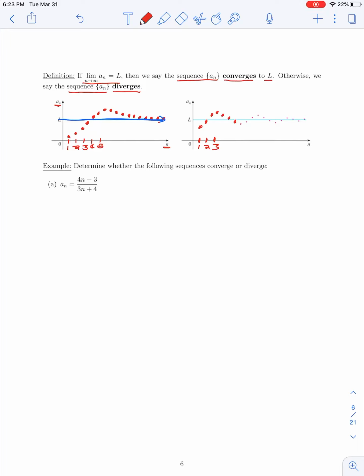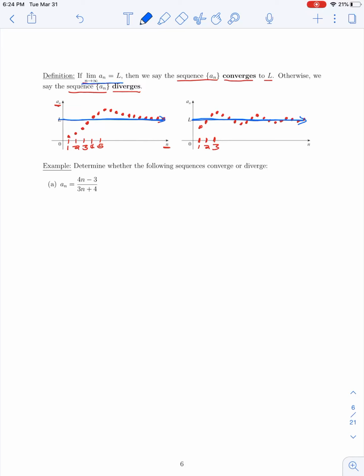We might have some sequence whose terms are oscillating back and forth across some constant value L, and if we keep listing the terms of our sequence, it seems like they're getting closer and closer to this limiting value of L. So in this case, we would say those sequences are converging to the value L.